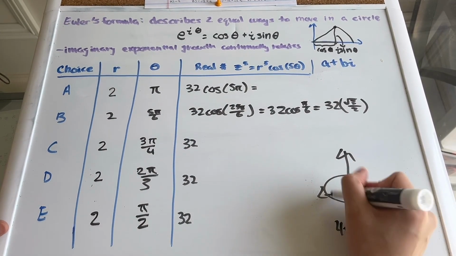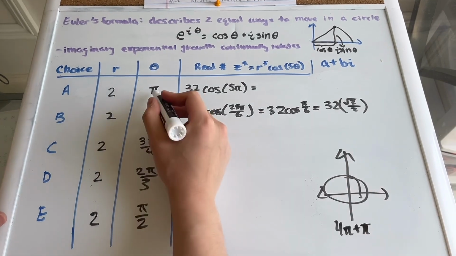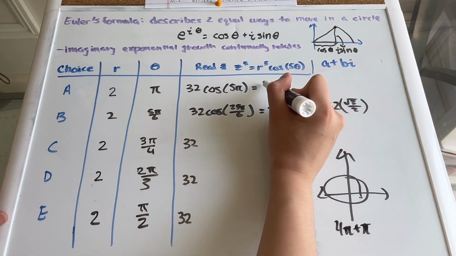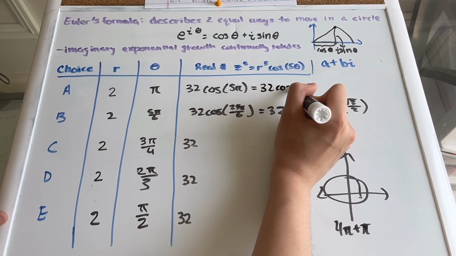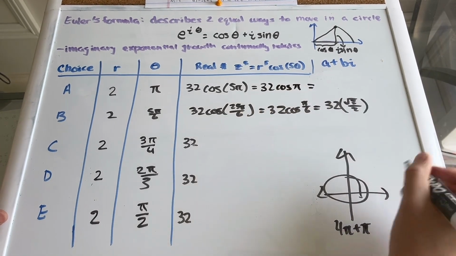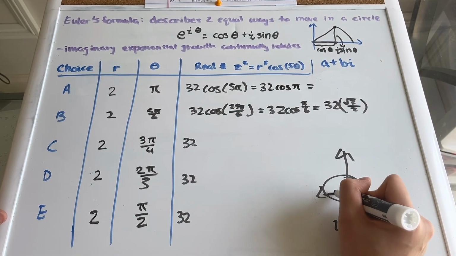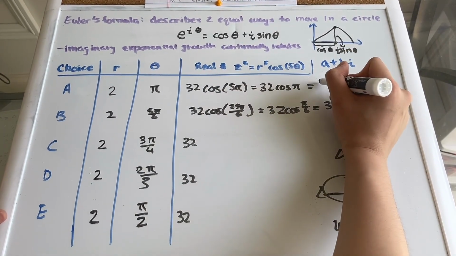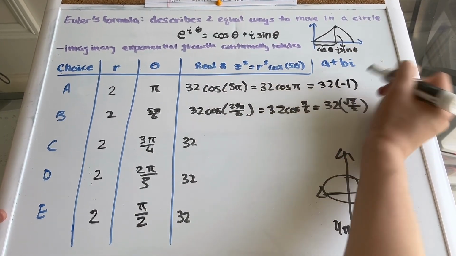So we're going around 4 times and then going over pi. So this simplifies down to 32 cosine of pi, which equals, well, what is the cosine of pi? You're going over -1. So it is going to be 32 times -1.